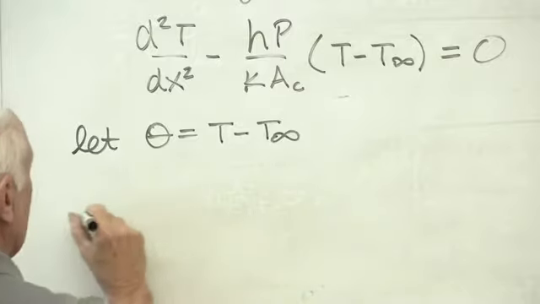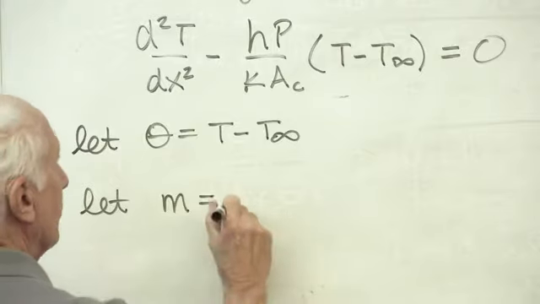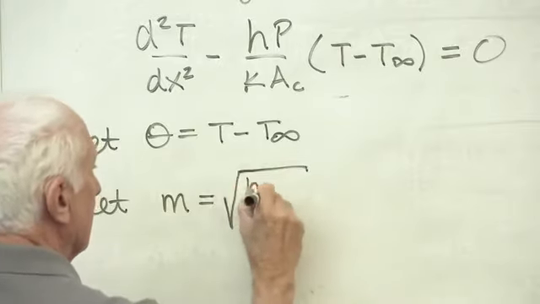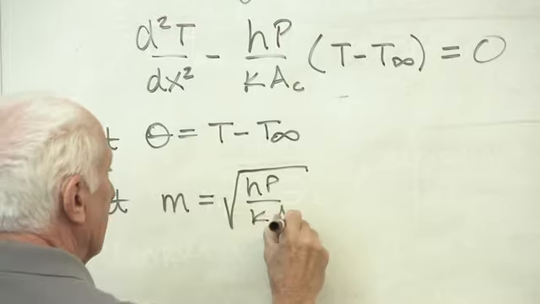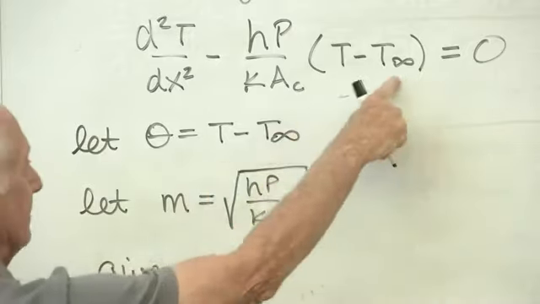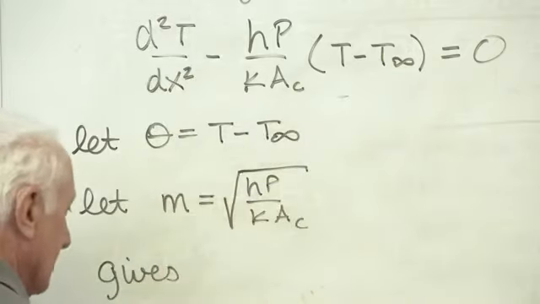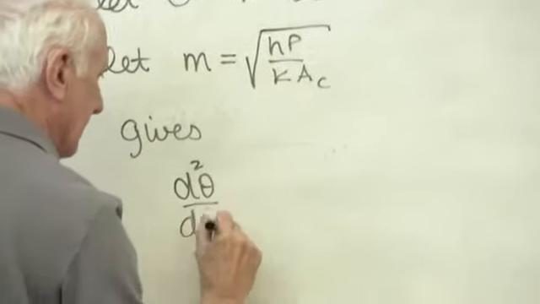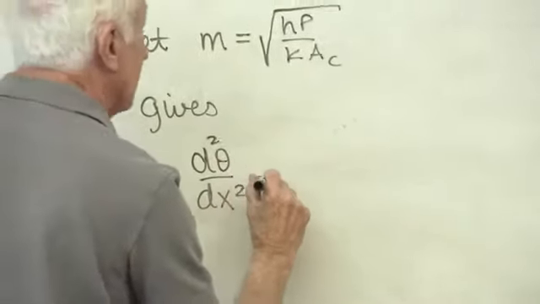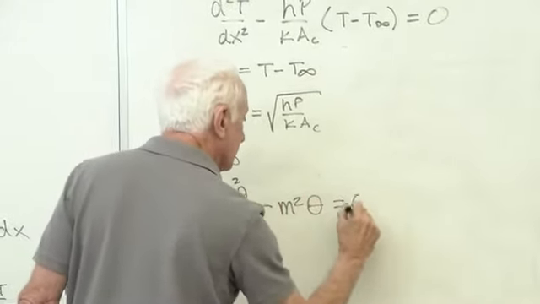Second one, we let a new constant m equal the square root of hP over kAc. So if you put this in here now, T minus T infinity is theta. d squared T/dx squared becomes d squared theta/dx squared minus m squared theta equals 0.